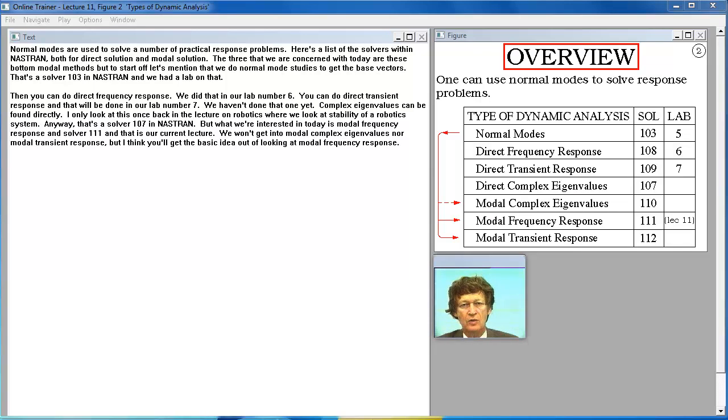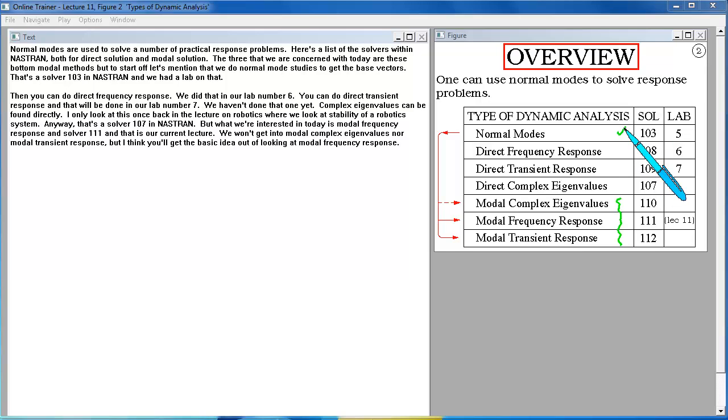Normal modes are used to solve a number of practical response problems. Here's a list of the solvers within Nastran, both for direct solution and modal solutions. The three that we are concerned with today are these bottom modal methods. But to start off, let's mention that we do normal mode studies to get the base vectors.